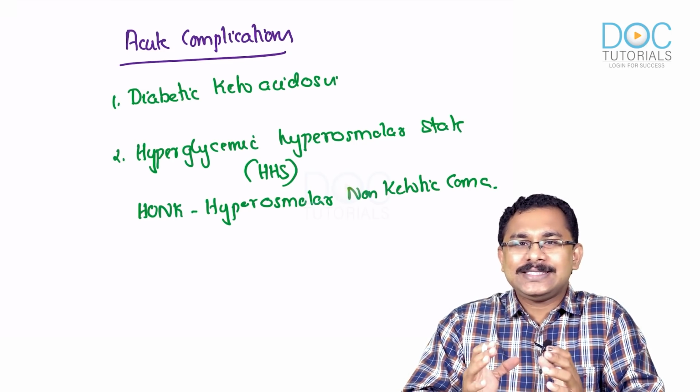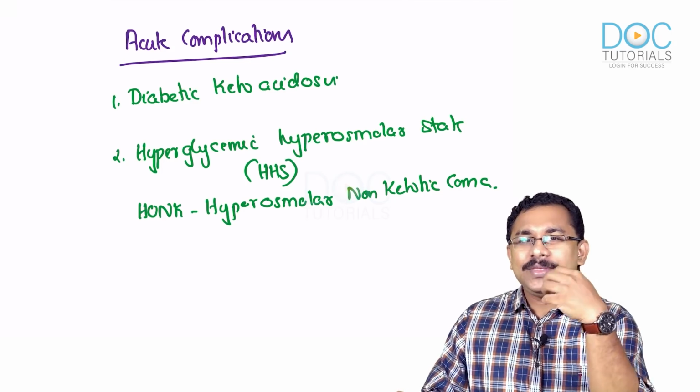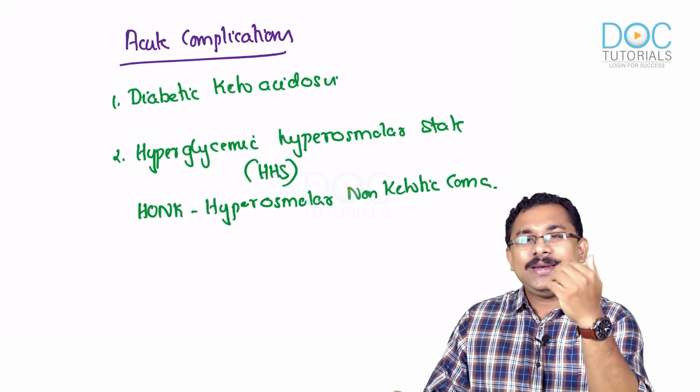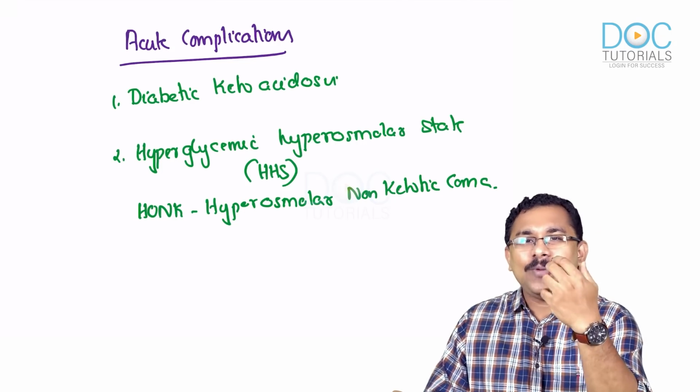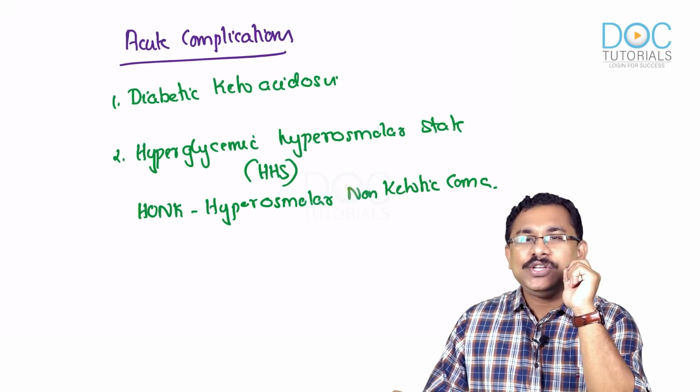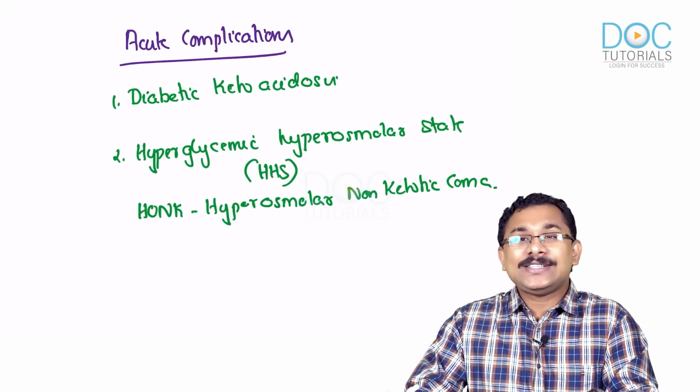Knowledge of this is important because these are common cases. Diabetic ketoacidosis as well as HHS are two common cases that you would manage in your emergency department. So let us move ahead and deal with these two conditions.